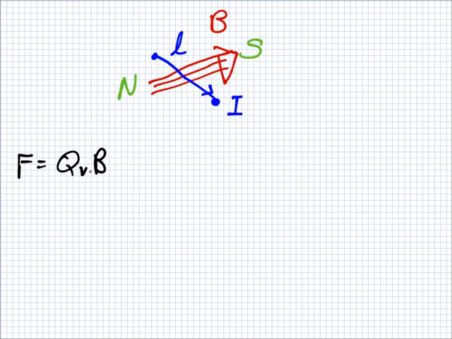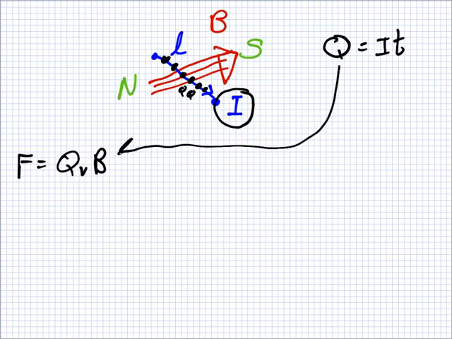Right, so you know that F equals QVB. And you can imagine that there's lots of little Q's moving along here. These are all little Q's. So we need a formula that doesn't use Q. We need a formula that uses I. And you remember that Q equals IT. Maybe you remember that from electricity. So what you can do is put that in here. So F equals ITVB.